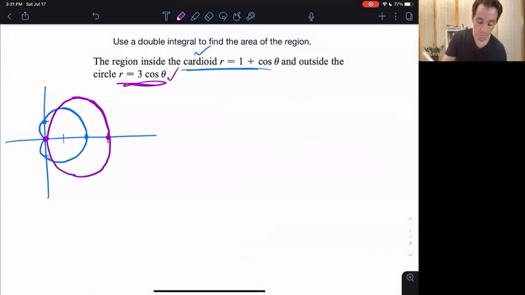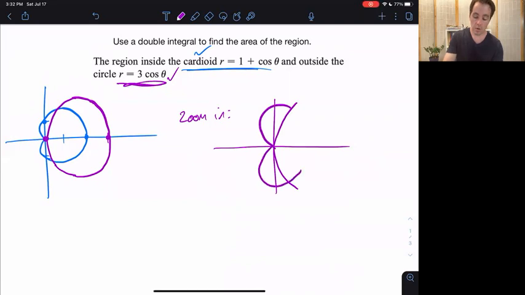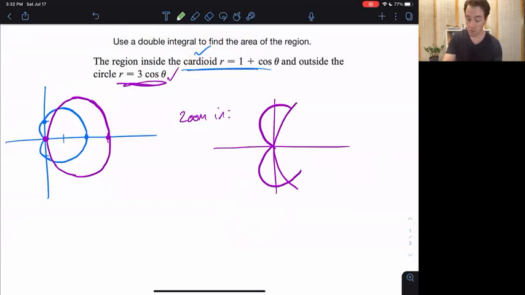Okay. We're actually not going to be able to do this with a single integral, because if you zoom in, what this looks like is this. There's the circular region right here, but then there's also the cardioid that comes in like this. So I'm going to divide this into 2 different regions of integration.